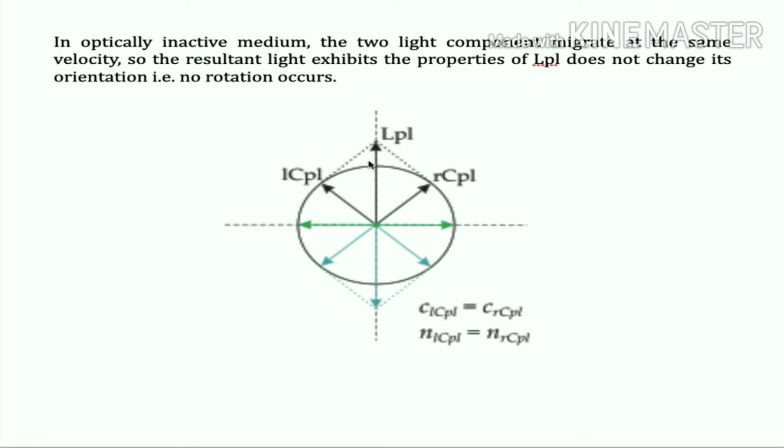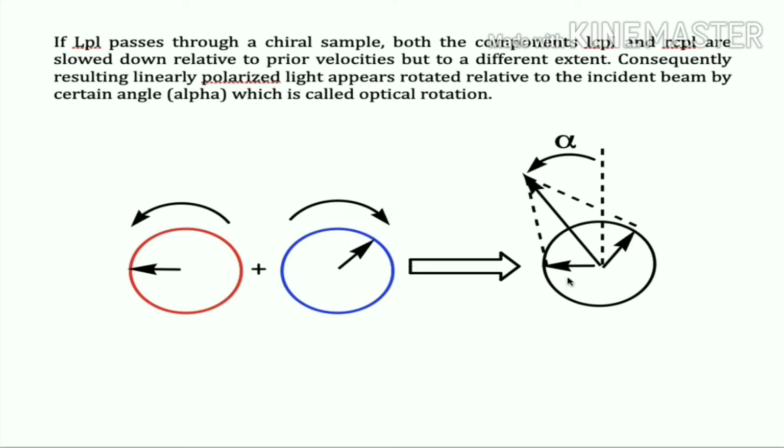So it is also linearly polarized light, but we are going to consider it as a combination of these two, and these two are enantiomeric and this is the resultant. So what happens if it is placed in the chiral sample? Both components, left circularly polarized light and right circularly polarized light, are slowed down relative to prior velocities.